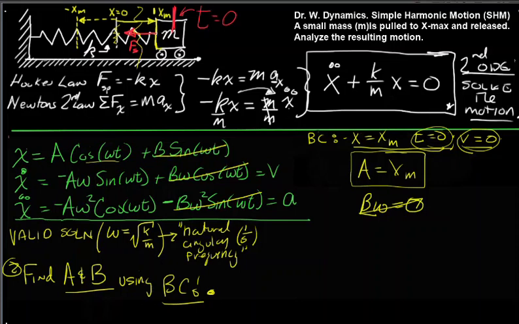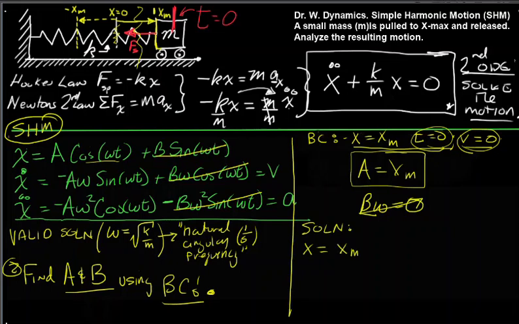So this is a classic solution for simple harmonic motion. We assume that it takes the form of a sine and a cosine. And in our case, our solution is that x is equal to x max cosine of the square root of k on m times t.